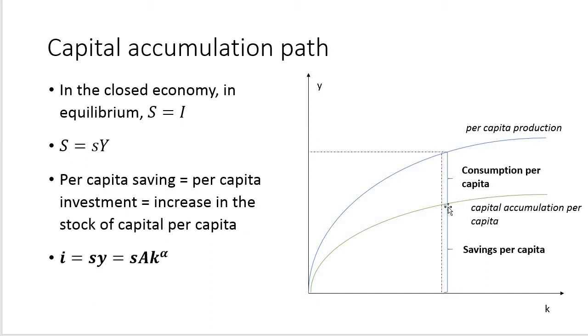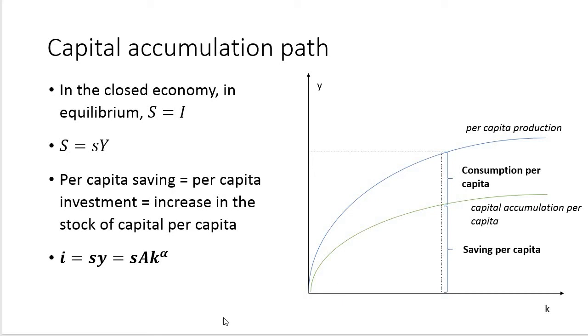So what is remained after some proportion of income was assigned to investment or saving, if you wish. And as I mentioned before, this line stands for the capital accumulation path. So this is simply increase in the stock of capital per capita associated with any possible value of the stock of physical capital.